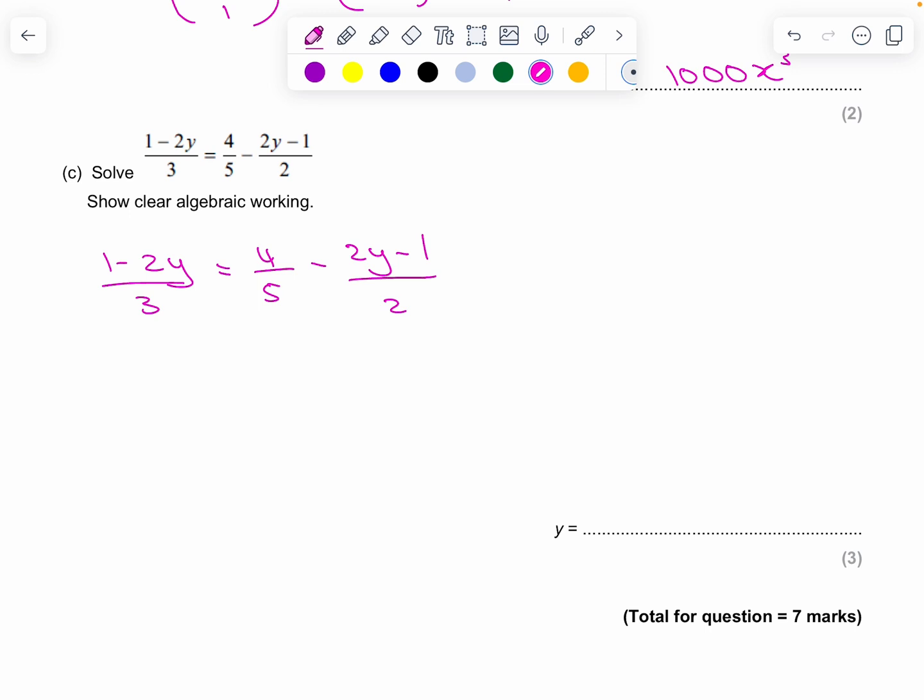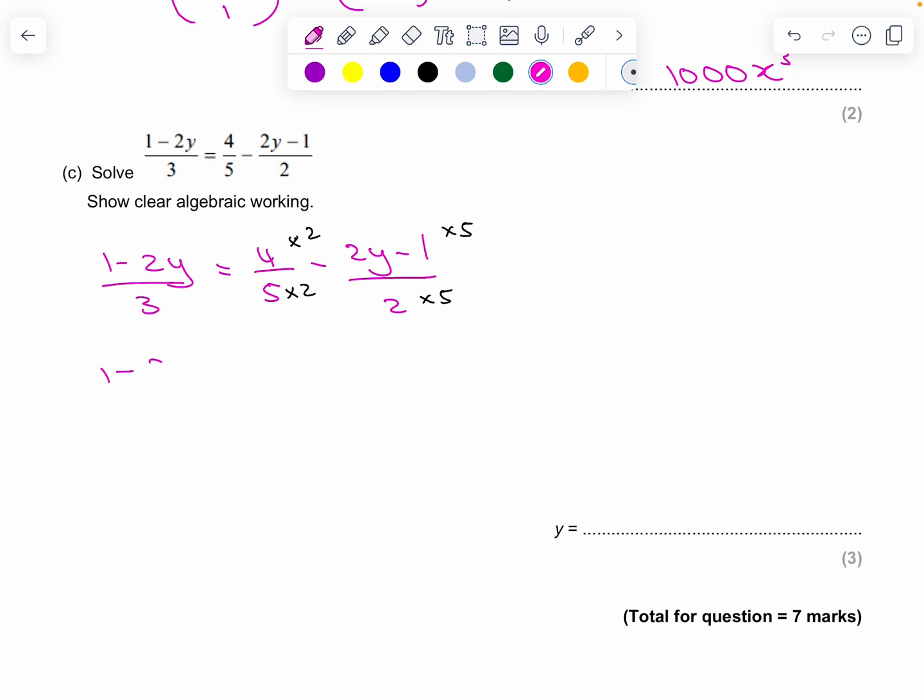In order to combine them, I have to make both fractions the same. So to make both denominators the same, I'm going to multiply top and bottom on the first one by 2, so I'm making it over 10, and top and bottom on the second one by 5.